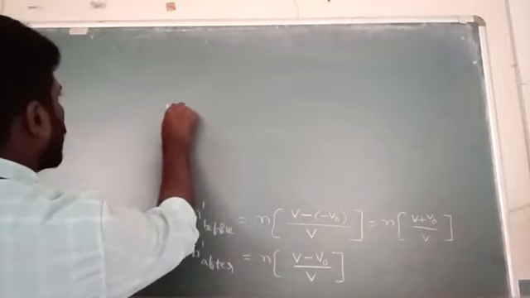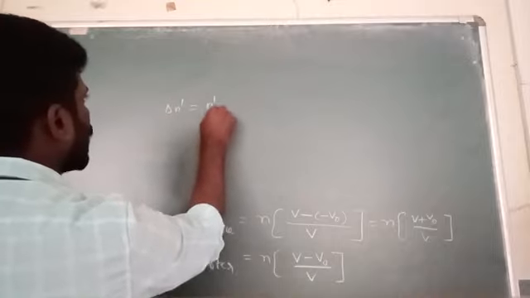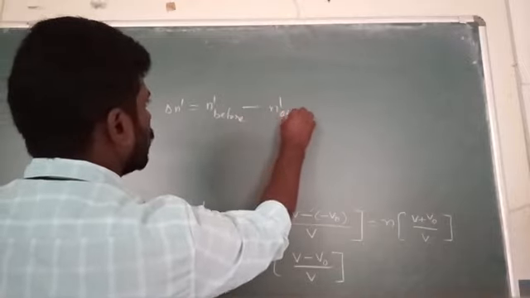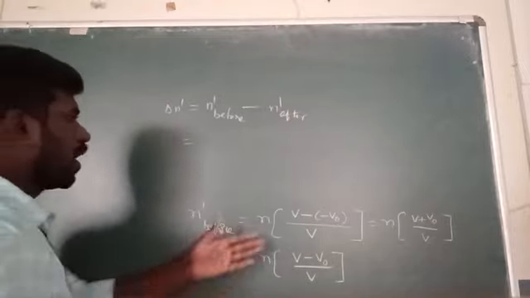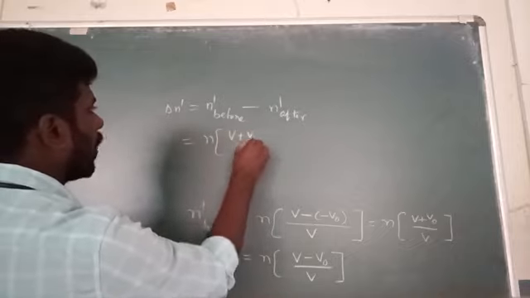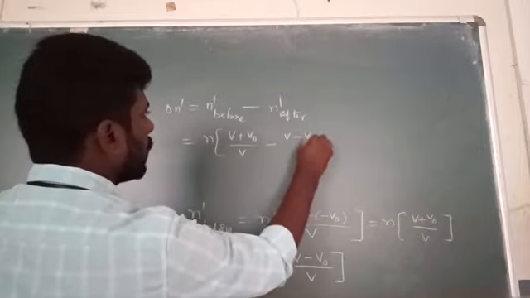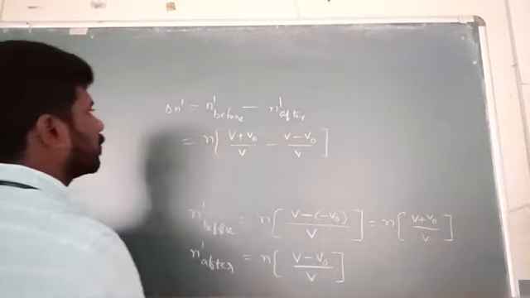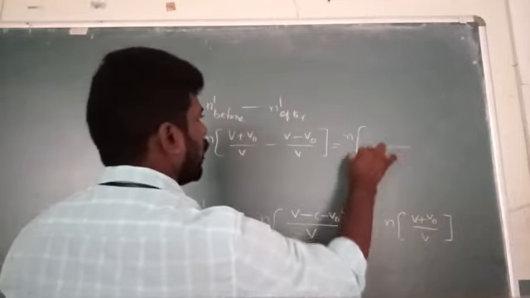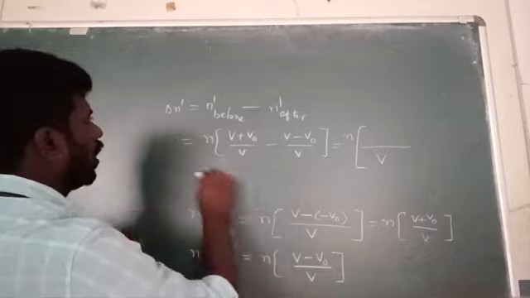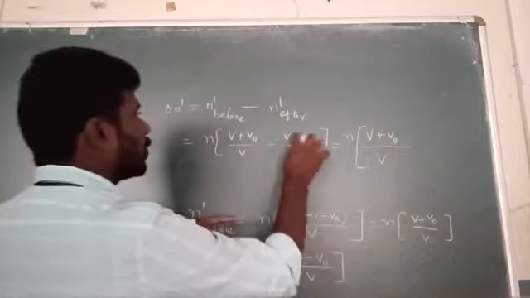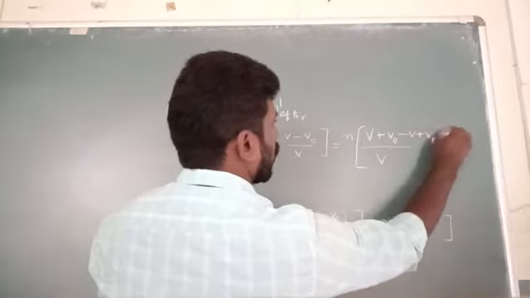Coming to delta n dash, the change in apparent frequency, n dash before minus n dash after. Substitute the derived values: n into (V plus V naught) by V minus (V minus V naught) by V. The LCM is V, and n into (V plus V naught) multiplied with (minus V plus V naught).